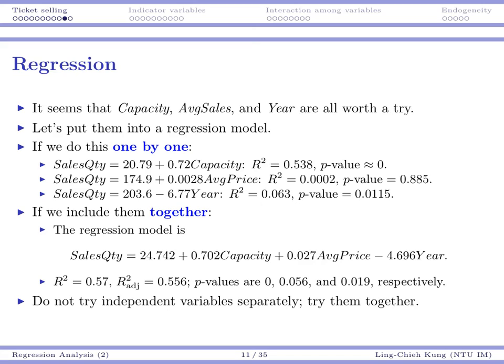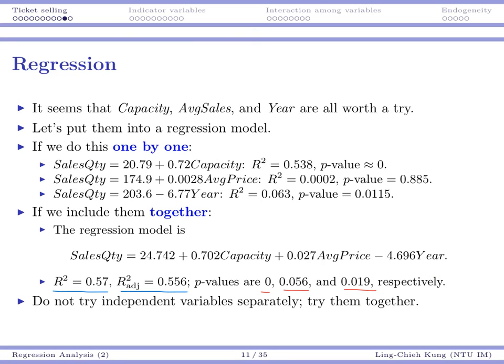So the first thing we find is that R-square is 57% and R-square adjusted is around 55%. Both are moderately fine, right? And then we have 3 p-values. They are 0, around 0, and even closer to 0. So capacity obviously has an impact. Year also has a very small p-value.